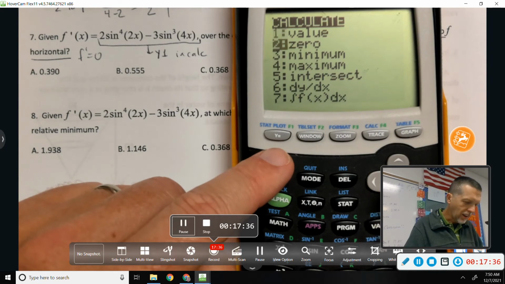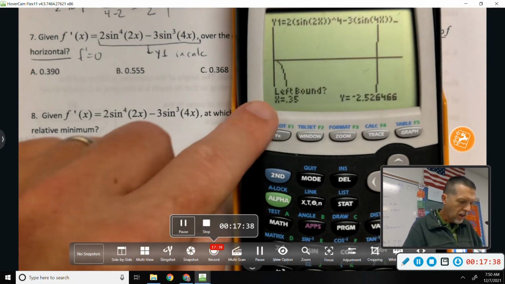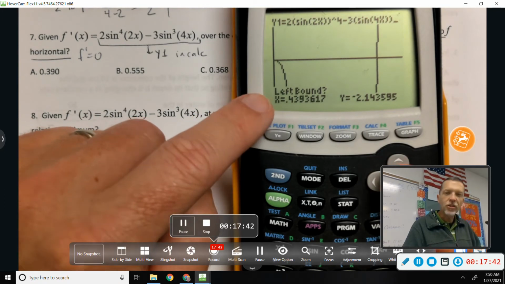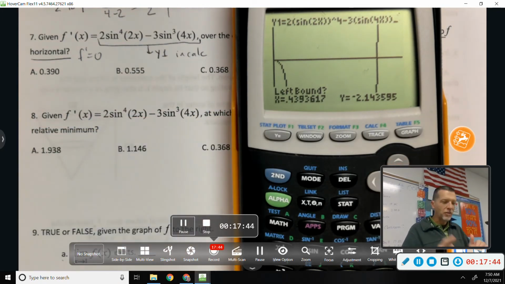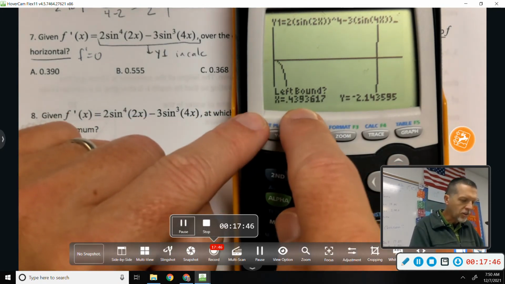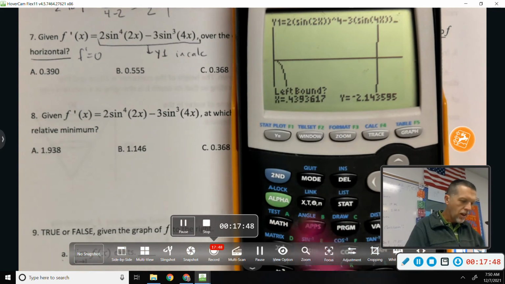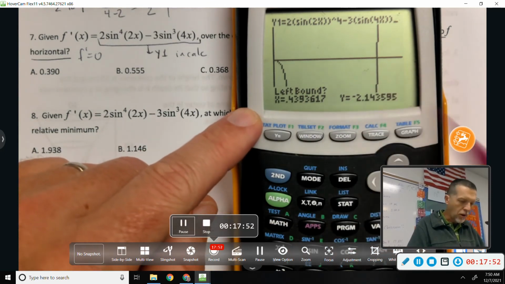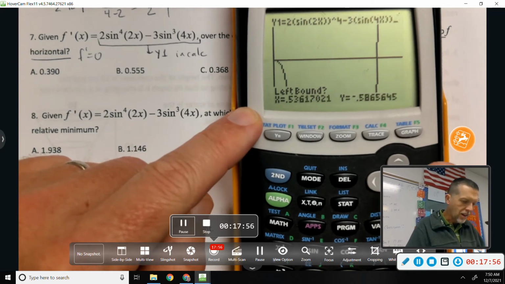Second calc, 0. If the cursor is not on the screen, it's maybe hard to figure out which way to go, but it tells you that x is 0.4. That's where my cursor is. I know this is 0.7, so I probably need to go to the right to get there.